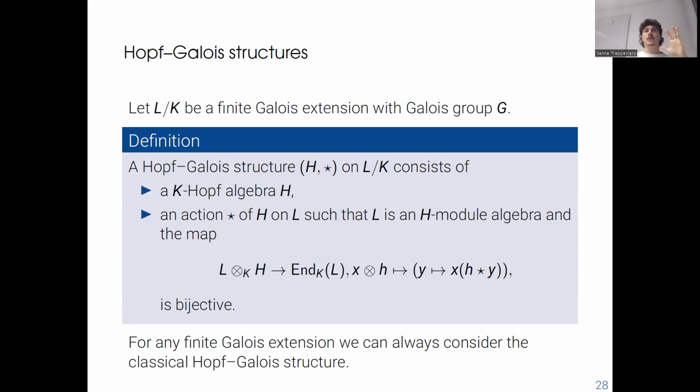So once again, we start with a finite Galois extension with Galois group G, and a Hopf-Galois structure on L over K consists of a K-Hopf algebra H, an action star of H on L such that L is an H-module algebra, and this map that we had before, which we can still define for any Hopf algebra H acting on L, should be bijective.